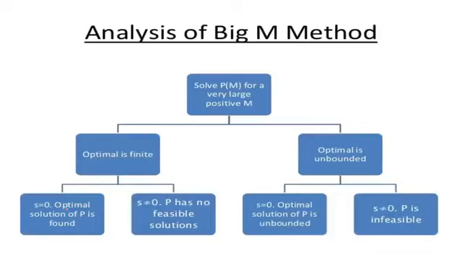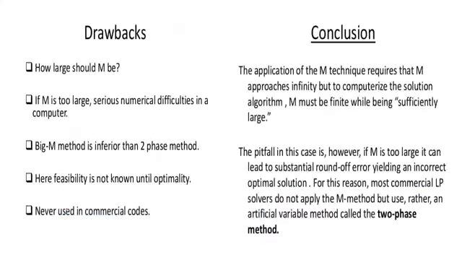If optimal is finite, then S equal to 0 means an optimal solution of P is found, and S not equal to 0 means P has no feasible solution. If S is equal to 0 and optimal is unbounded, P is unbounded, and otherwise P is infeasible.